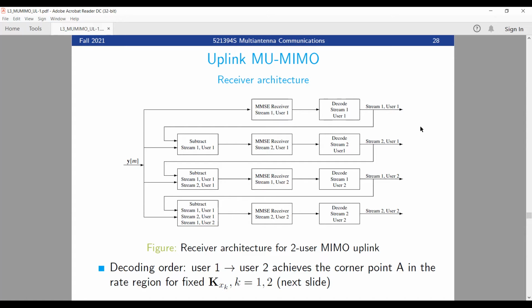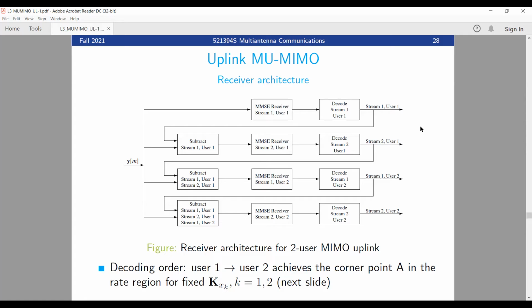Stream-specific rate changes, but the sum rate does not change. The sum rate is the same for both orders, stream 2 first or stream 1 first. Okay, so we assume that stream 1 of user 1 is decoding first. So we have to compute an MMSE receiver. How would the MMSE receiver be for this case?